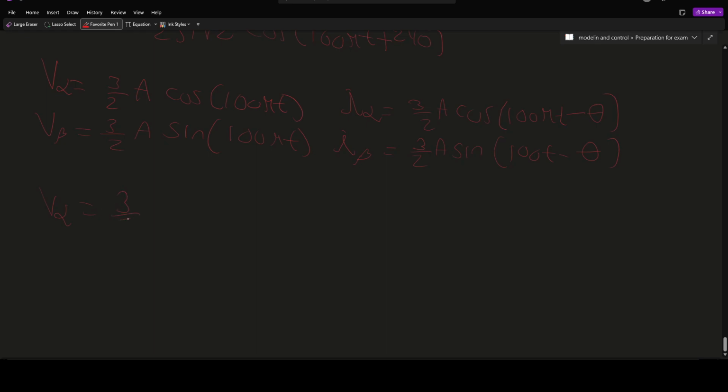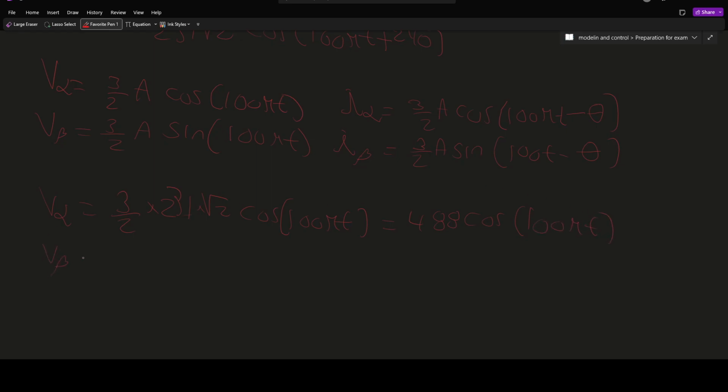We have 3/2 of the amplitude, and we know that the amplitude is 231 times square root 2, cosine of 100 pi t, and this is approximately 488 cosine of 100 pi t.